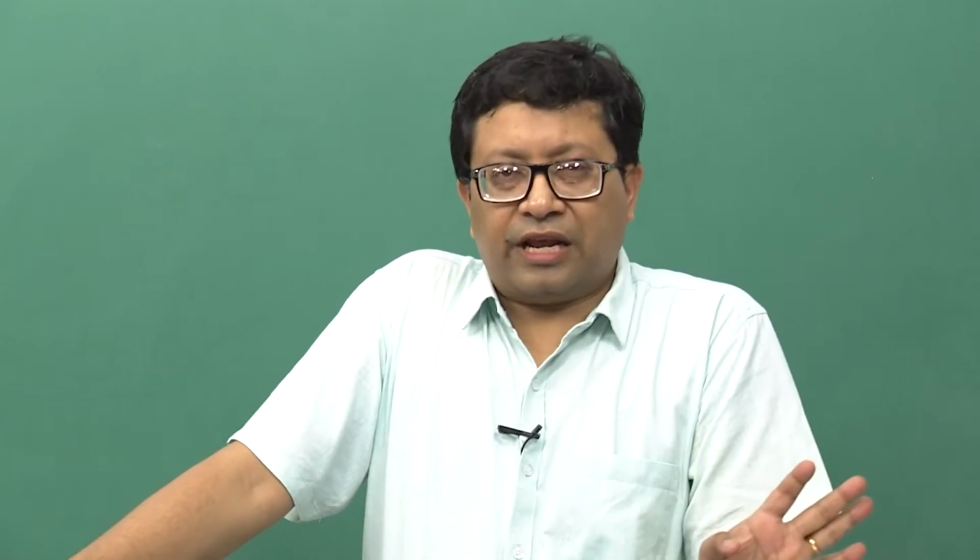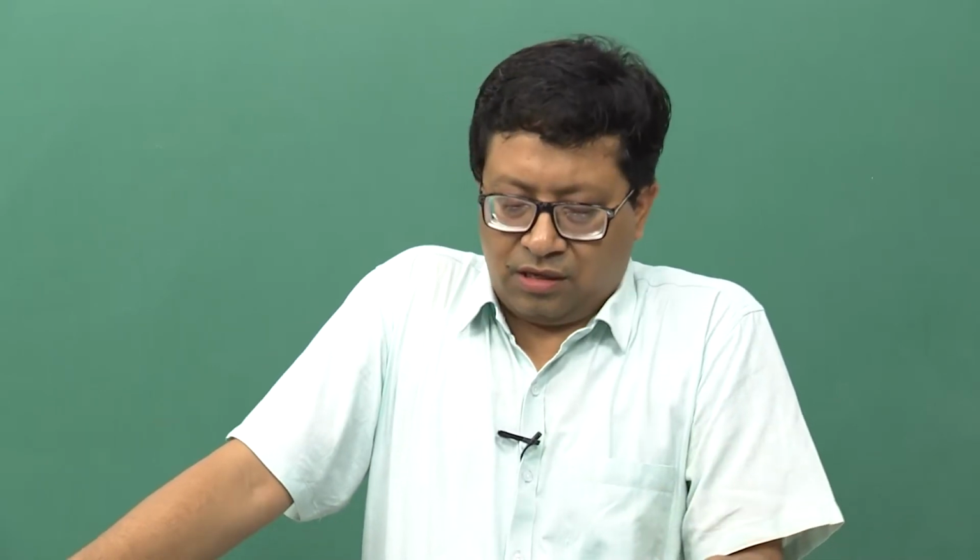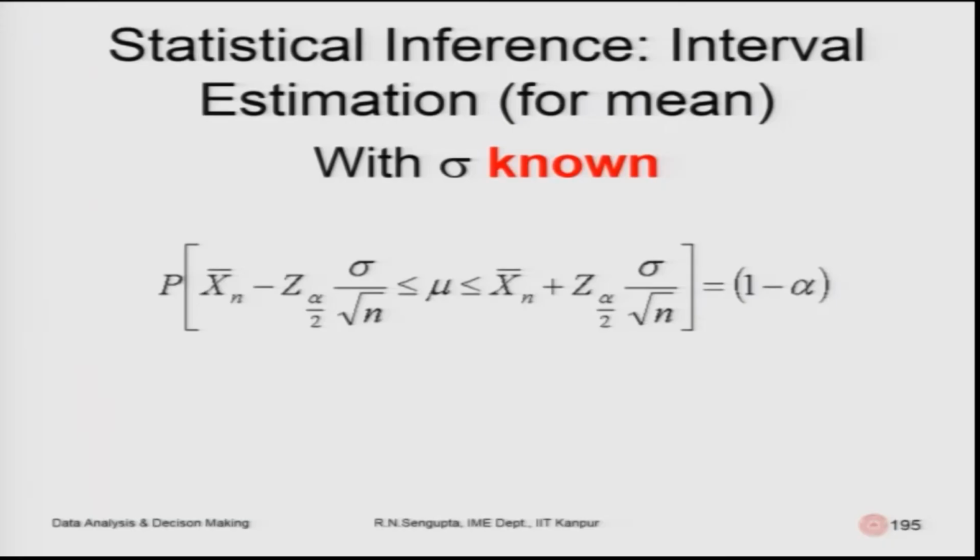Without the derivations, I am just giving the results. So, statistical inference for the interval estimation for the mean, where the standard deviation or the variance of the population is known, because that is why it is highlighted in red color.